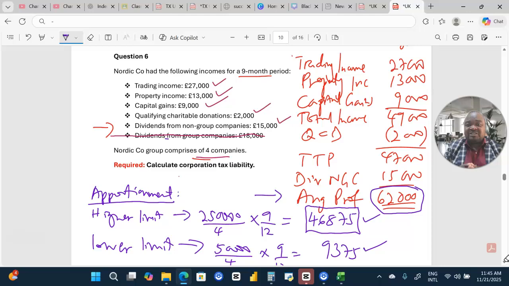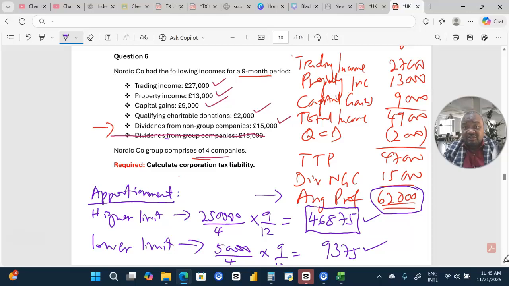So in that case, the higher limit has been reduced from 250,000 to 46,875 pounds. But the same rule applies. If the augmented profits are higher than the upper limit, then we are going to use a flat rate of 25%. No MR will be available. In this case, there is no marginal relief.